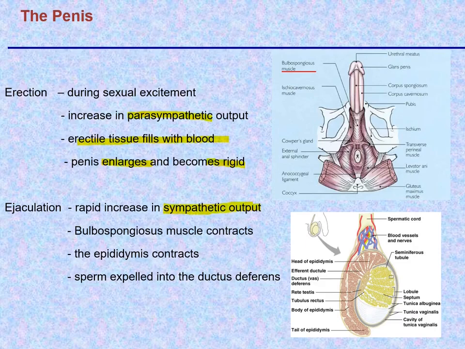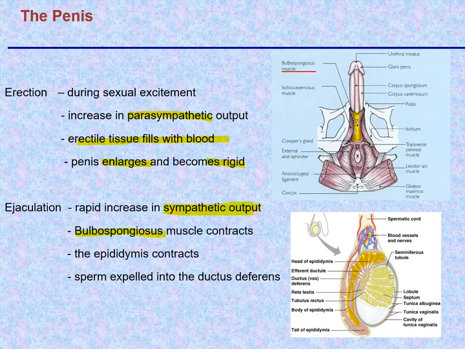In the ejaculation, with that rush of increased sympathetic output, the bulbospongiosus muscle contracts. This is the muscle around the root here, wrapped around the base of the penis. And also the epididymis will contract.